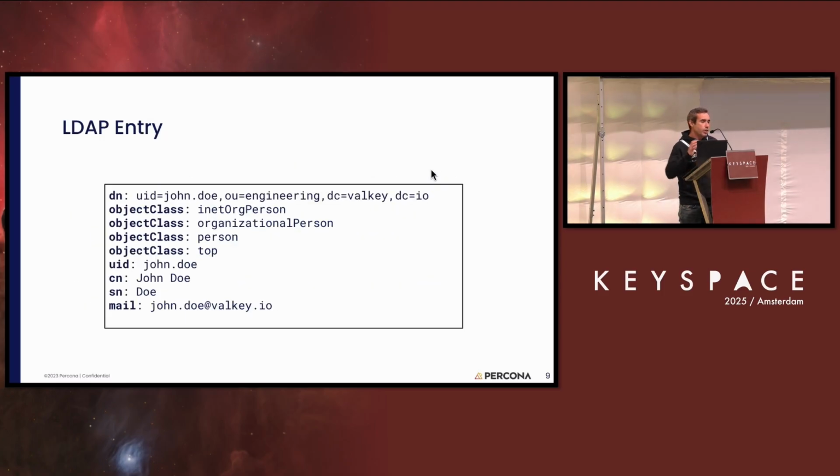So just to give a bit of context for those that don't have knowledge about how LDAP works. LDAP stores information in what are called entries. Each user corresponds to an LDAP entry, and an LDAP entry has a unique ID, which is an attribute named DN, which stands for distinguished name.